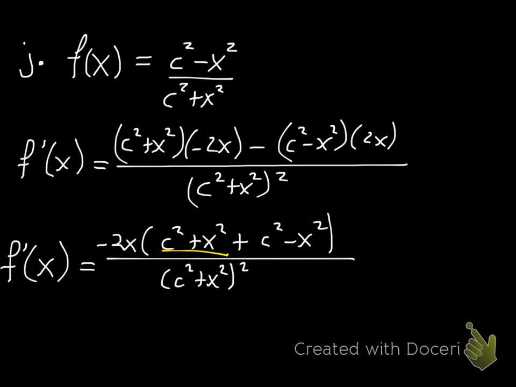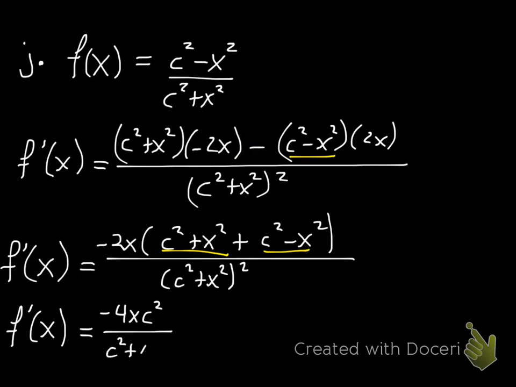I took this negative sign out, and here's the c squared minus x squared. So you see that the x squareds are going to cancel out. And we'll have negative 4x c squared all over c squared plus x squared, squared. I'm sorry, c squared plus c squared is 2 c squareds. 2 times 2 is 4, so that's where this 4 came from. Okay.